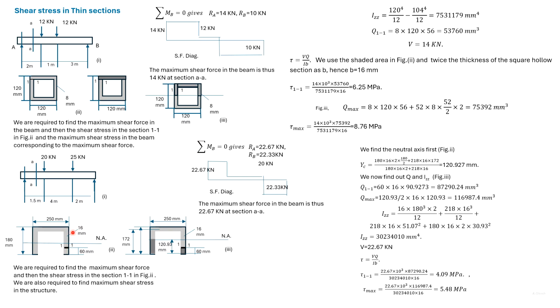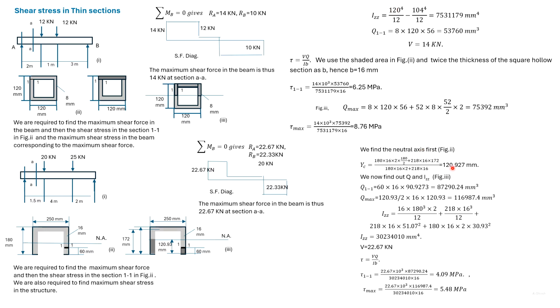In this case, the section is not symmetrical, and we find YC first. Once we have YC, we can find out Q11 for this portion. The maximum stress is at the neutral axis, and we can also find Q for this portion.